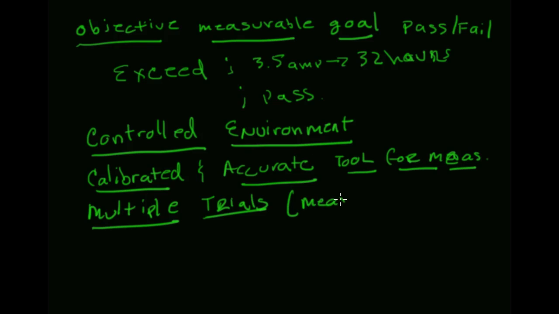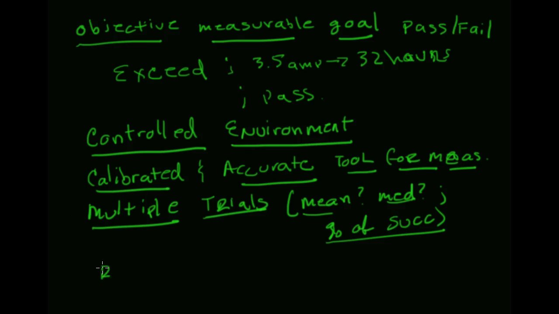Are you going to take the mean of the measurements? Are you going to take the median of the measurements? Are you going to take the percentage of trials that are successful? This way you're using the exact same data point each time that you conduct a trial.